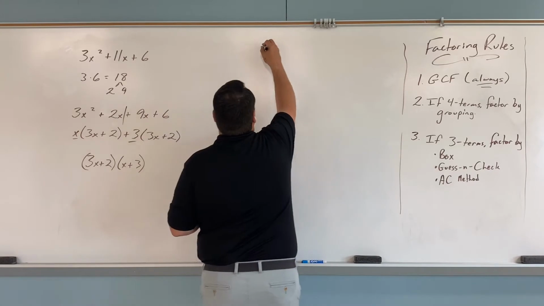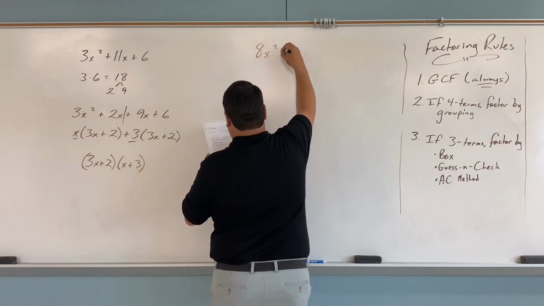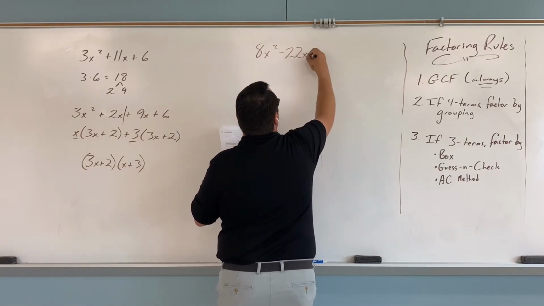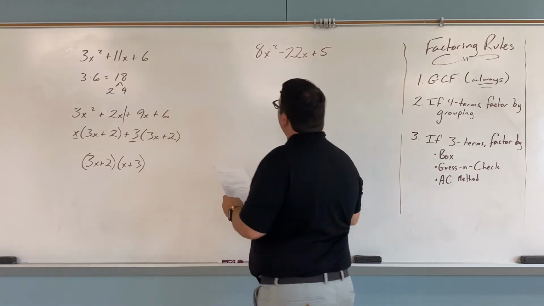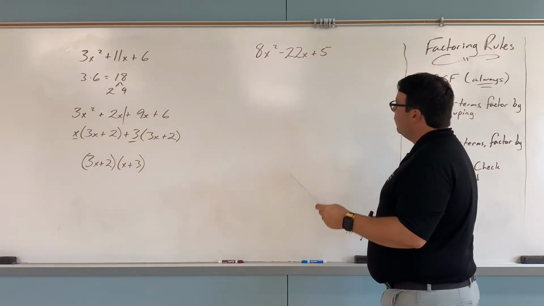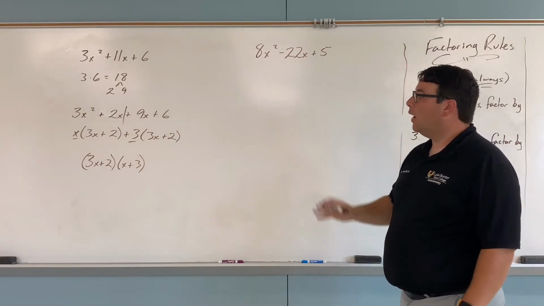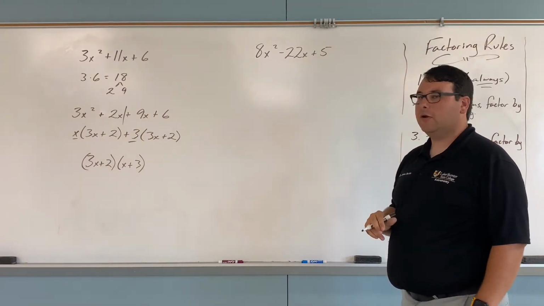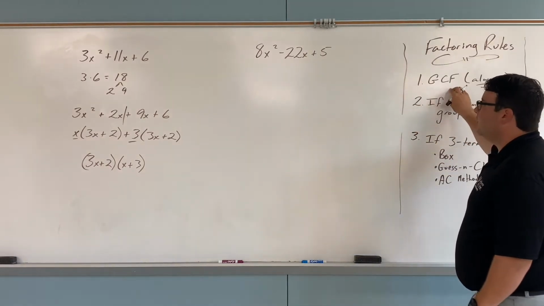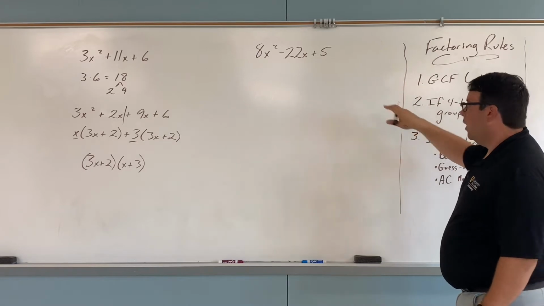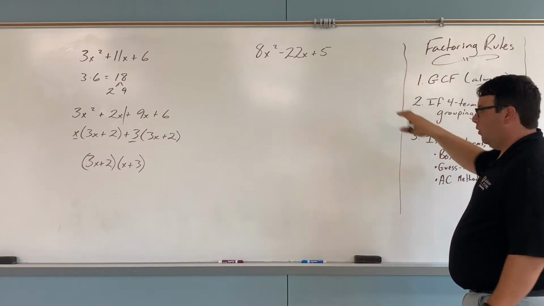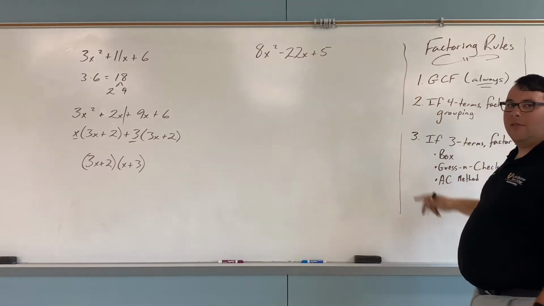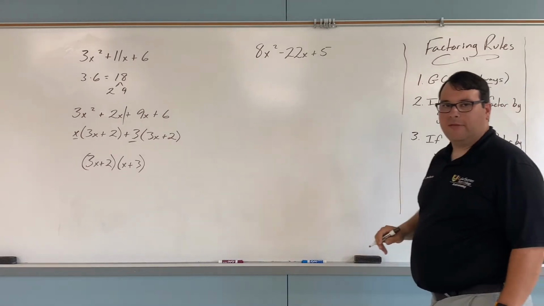Let's take a look at this next one. So I have 8x squared minus 22x plus 5. Again, I'm going to use AC method here, but do I have a GCF? No. Is it 4 terms? No. Is it 3 terms? Yes, and that's why I can use my AC method.